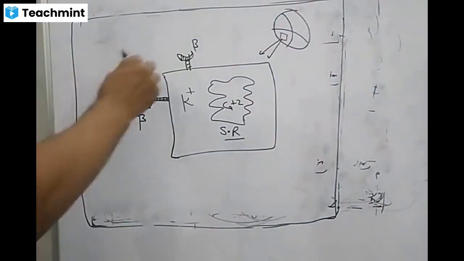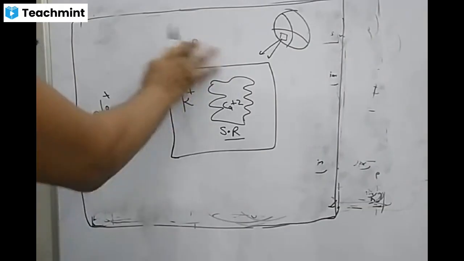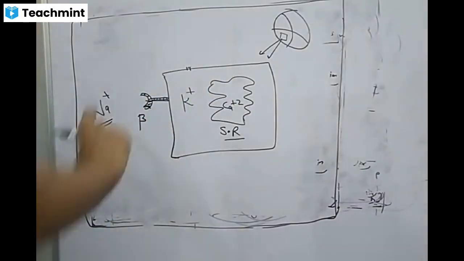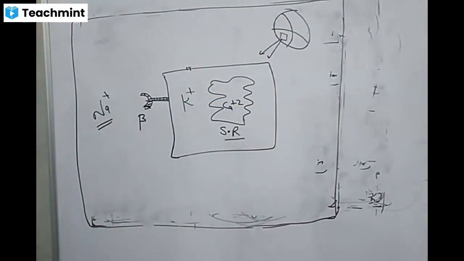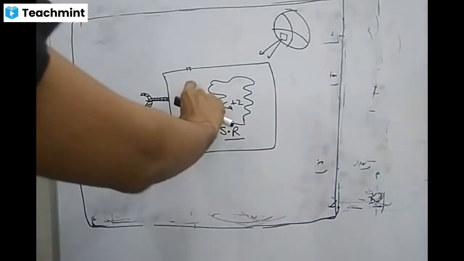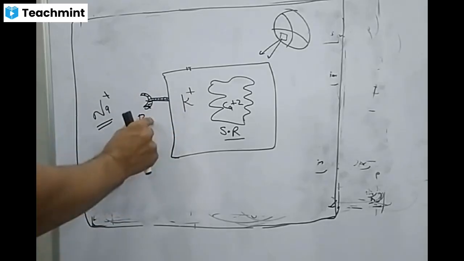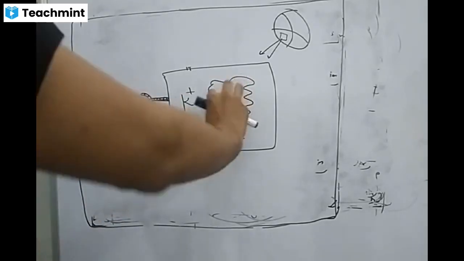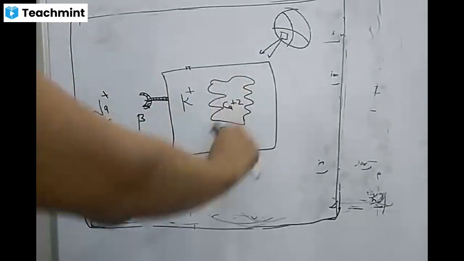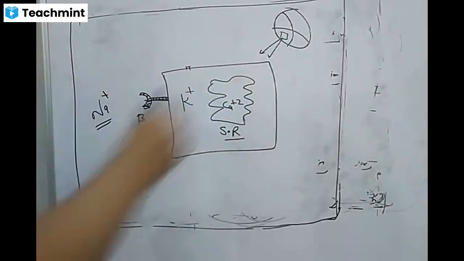So this is the normal structure: sodium outside, potassium inside, beta receptor at the surface, and deeper inside the sarcoplasmic reticulum filled with calcium.